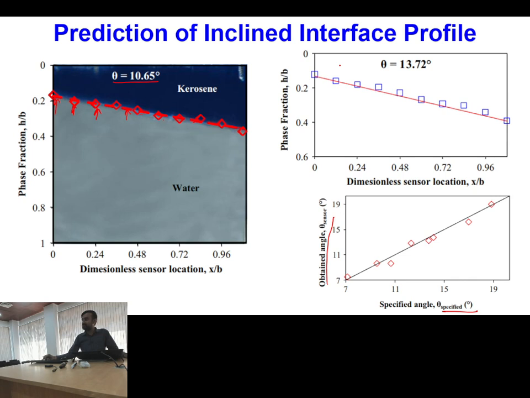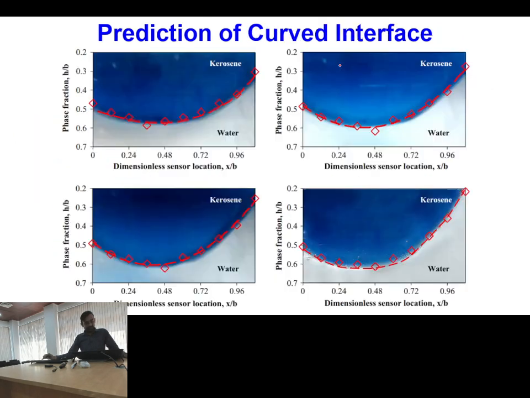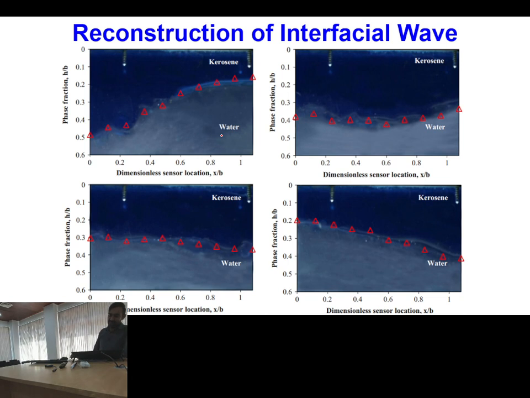Using this arrangement, the entire system was rotated for different RPMs, and then you can see this is the curved interface profile obtained from the optical signal. So it means if you have a curved interface, the system was also working with sufficient accuracy. And the third type is interfacial waves.